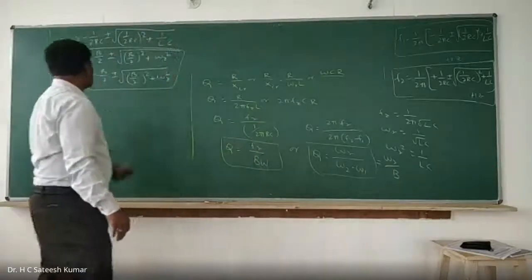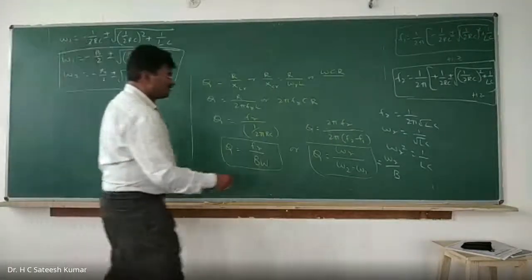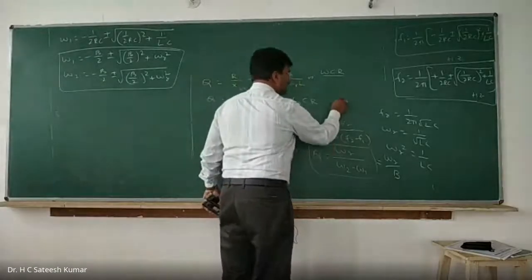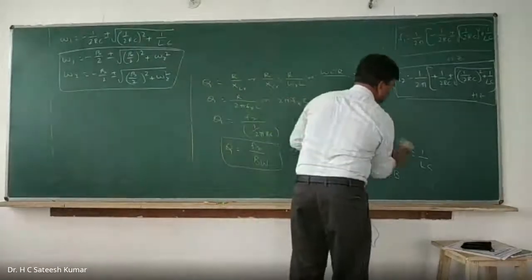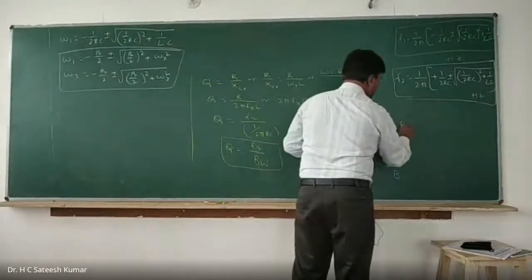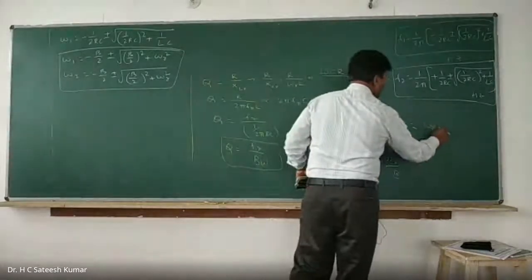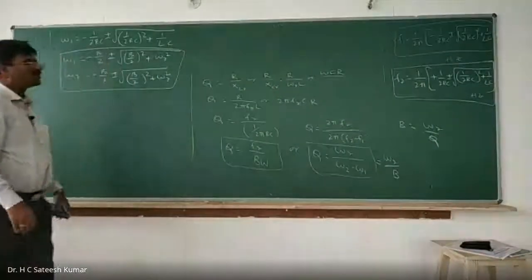Now we substitute in this one. In terms of B, substitute for B. From this, B is equal to omega r by Q, omega r divided by Q. Now we can write the expression for cutoff frequencies in terms of Q also.